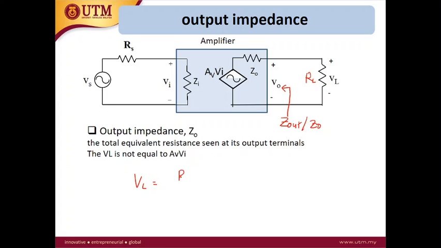So VL is equal to RL over RL plus Zout, times the applied voltage Av Vi. Although the output of the amplifier is Av Vi, the actual voltage drop at the load still depends on the value of the output impedance.